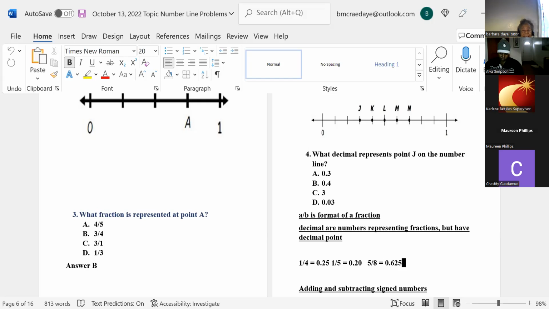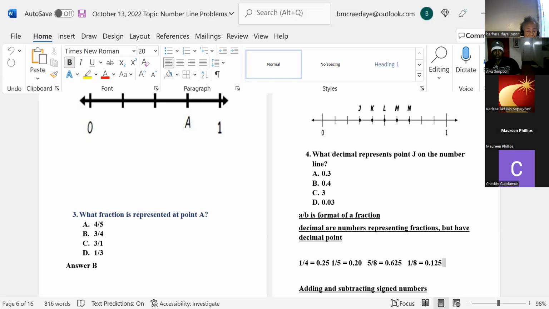You can divide it out and get that, or you could take 1/8, which is equal to 0.125. You don't have to remember these. If you remember one, you can figure out the other ones. So 1/8 equals 0.125.